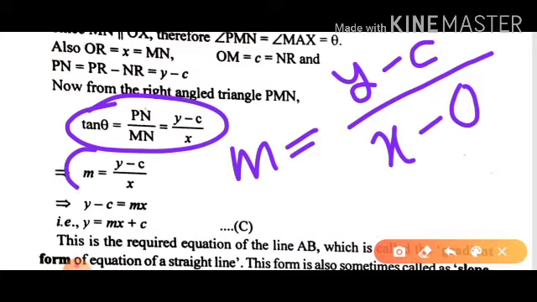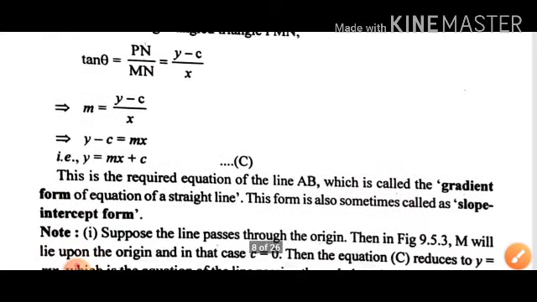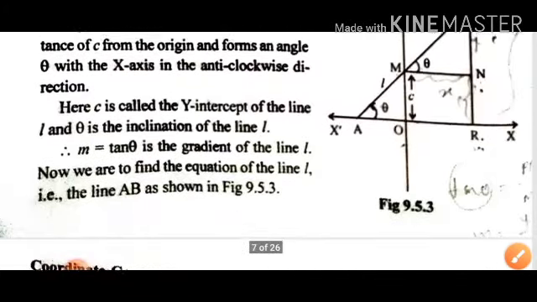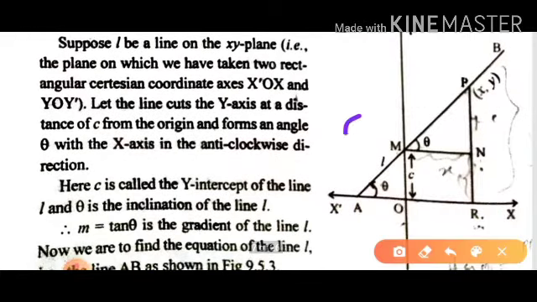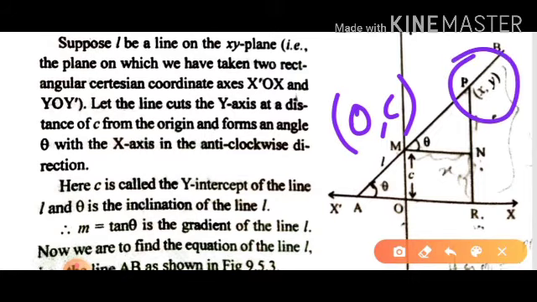So it will become m is equal to (y minus c) by x. On transposing, the points were (0, c), the point M, and this was (x, y), so it is y minus c and x minus 0.